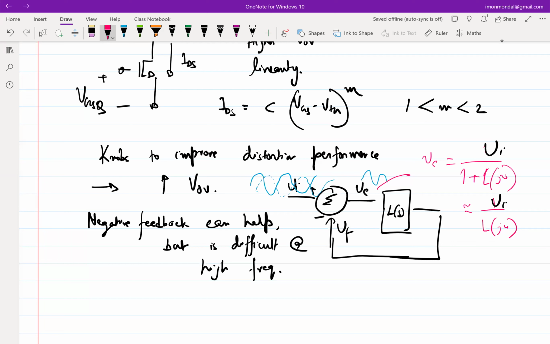Because if you have a first order system, you can design it for any frequency. But still, first order negative feedback loops are still used, right? I will show you one example, which is quite trivial, but you would readily appreciate why that kind of works.